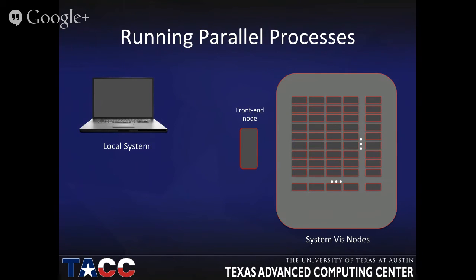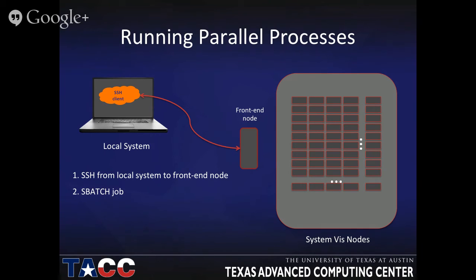So now, running parallel processes. I gave a little lecture about this in the earlier part. I guess I didn't really separate these two talks very well. But essentially what you do when you run a parallel process on Stampede or Maverick is that you SSH, secure shell, into our front end node. And that essentially gives you a command line on our front end node. From that command line, you can sbatch a job.